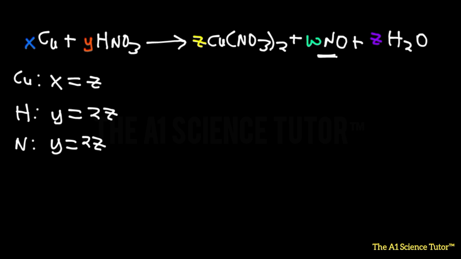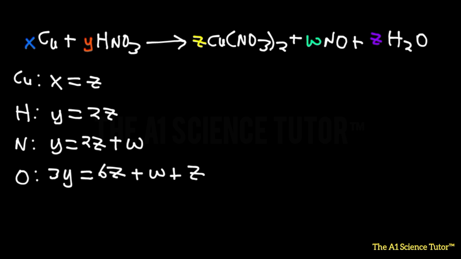And here you're going to have a W, so that will be plus W. And the last one is oxygen. So there are 3 atoms of oxygen on the left hand side, and so that will be multiplied by Y, so that gives us 3Y. And then on the right hand side we have 6 here, that will be 6Z plus W plus Z.